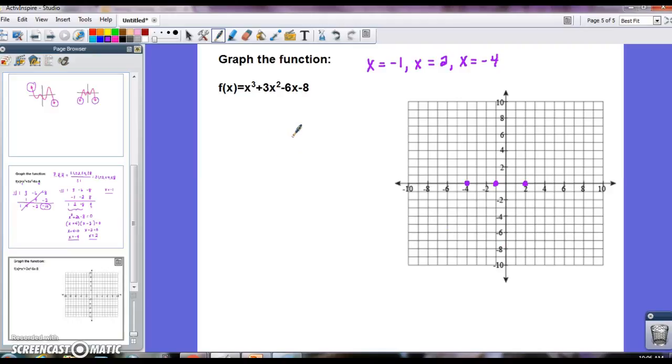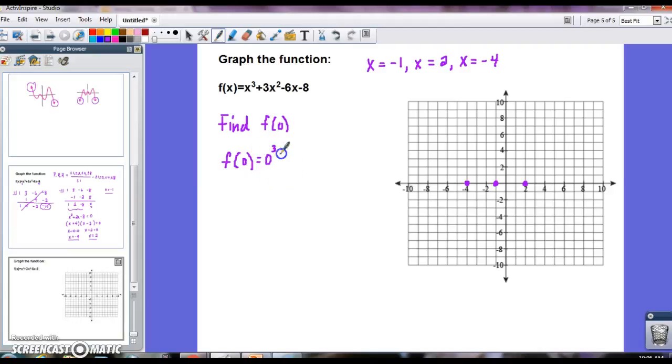Okay, so let's plot a couple other points. Here are the points I'm going to look for. I'm going to look for a y-intercept, where I cross the y-axis. Where you cross the y-axis is where x is 0. So I want to find f of 0. All that means is in that original function, plug 0 in for x.